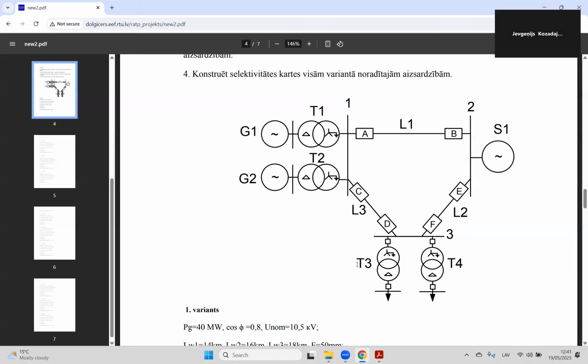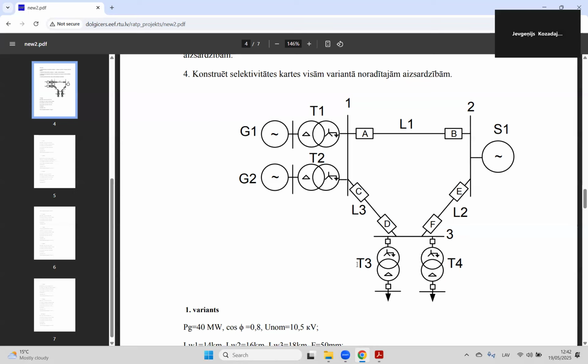So it means that if we have a radial network, where we have only one source and all the network in series, the protection device nearest to the load has the lowest time delay, and the protection relay nearest to the power source has the greater time delay. Why do we need this?